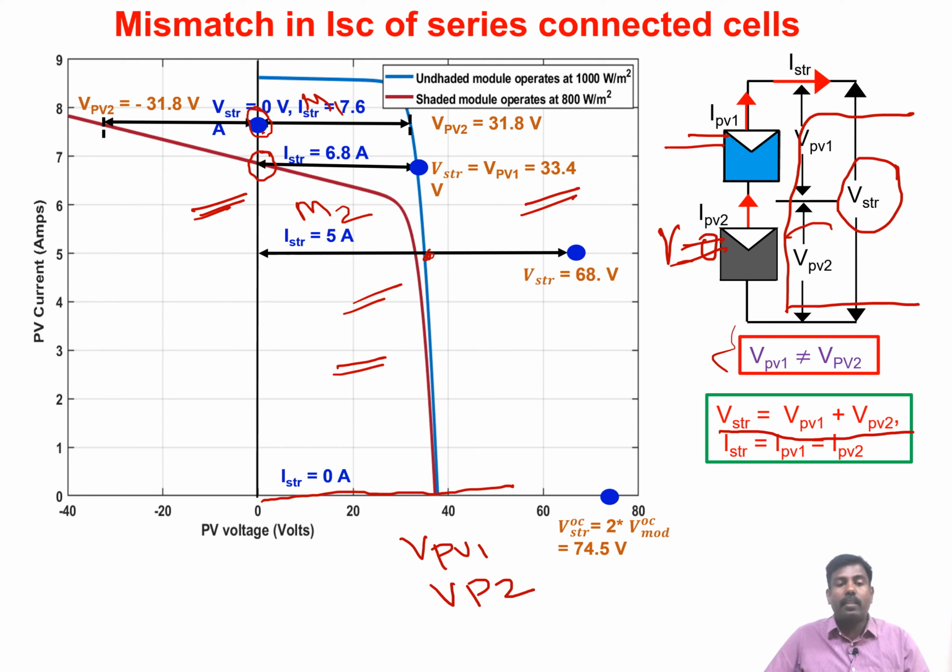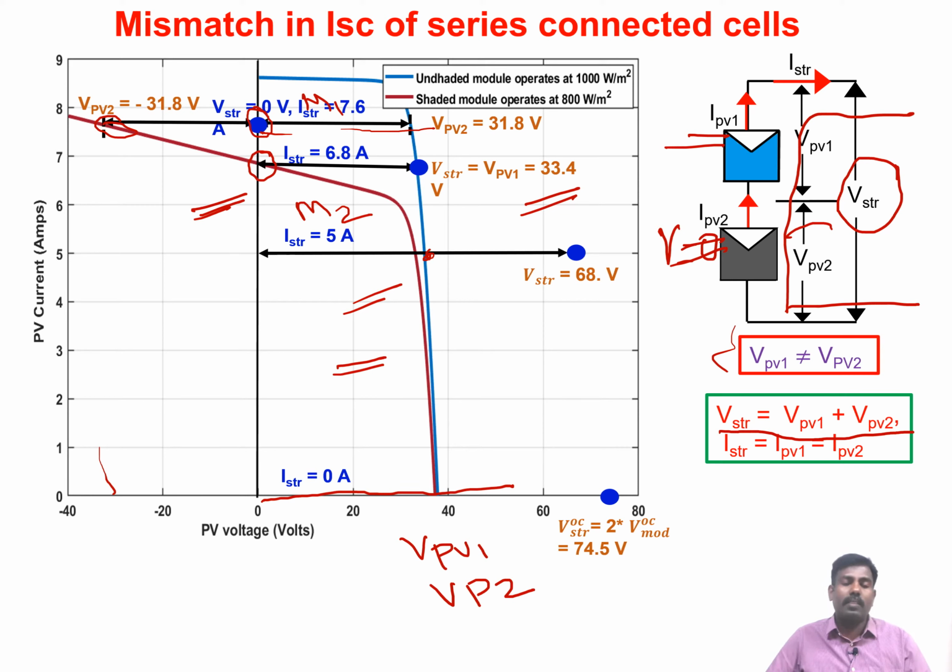So if I draw lines, we will get an operating point at VPv2, whereas the other line is cutting at a voltage over here. So we would be able to see that the voltage across VPv2 is minus 31.8 volts.